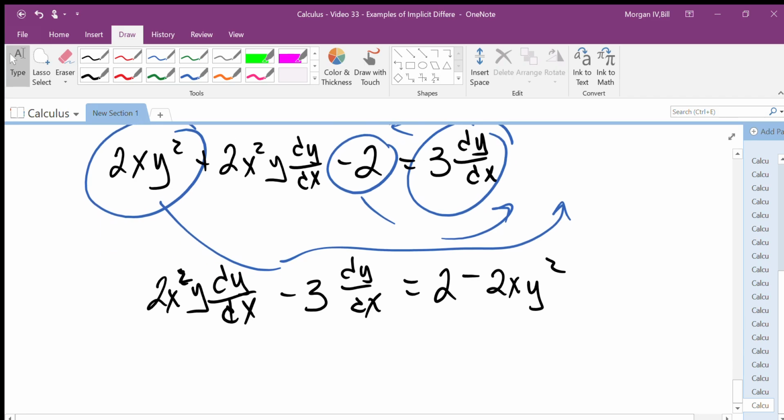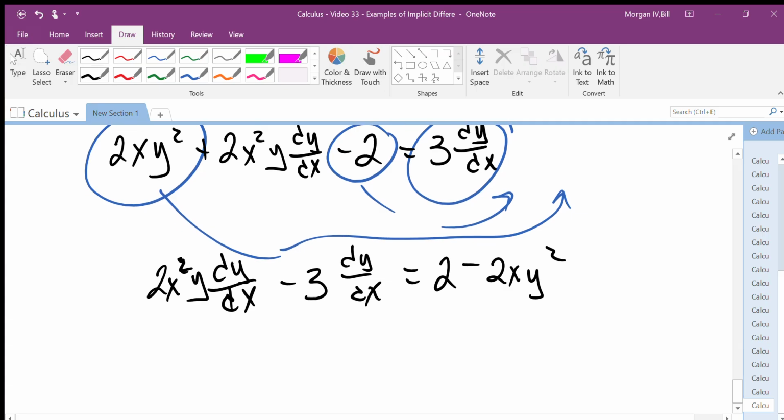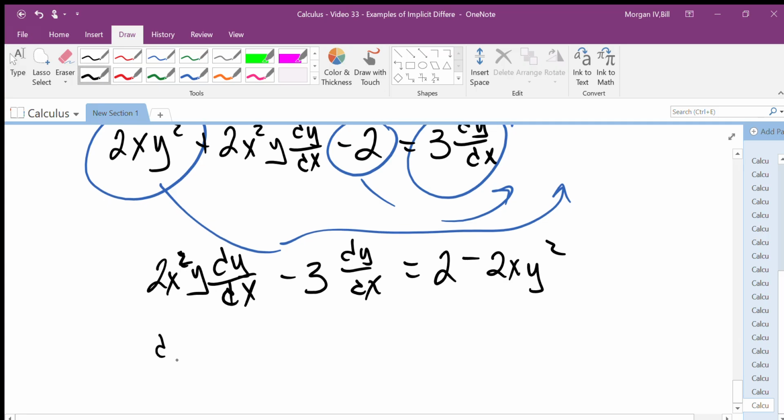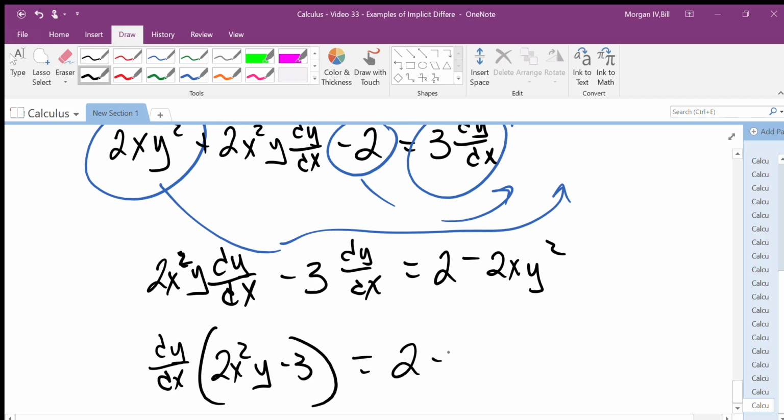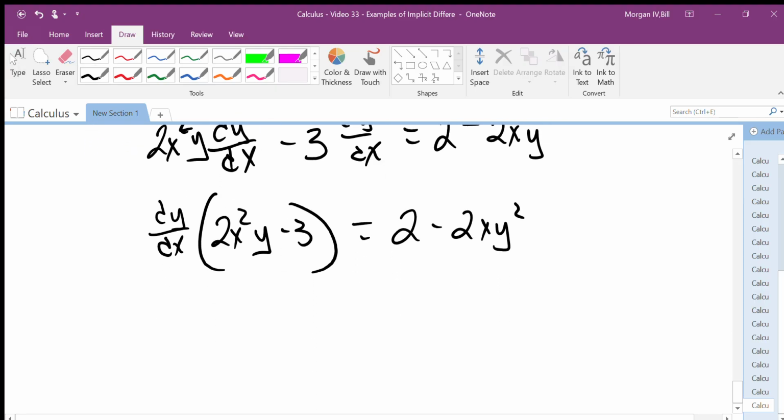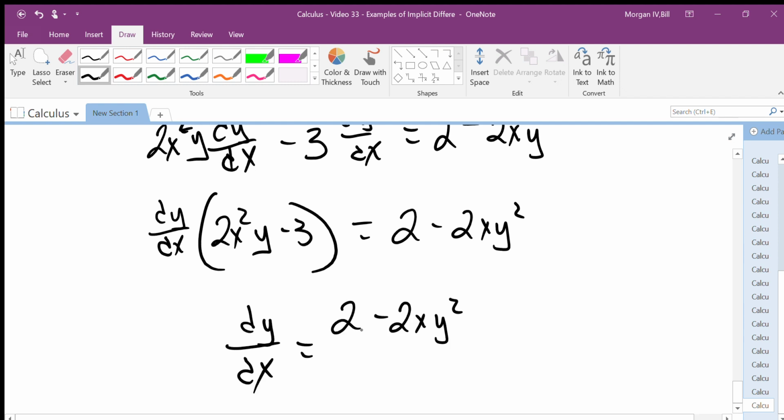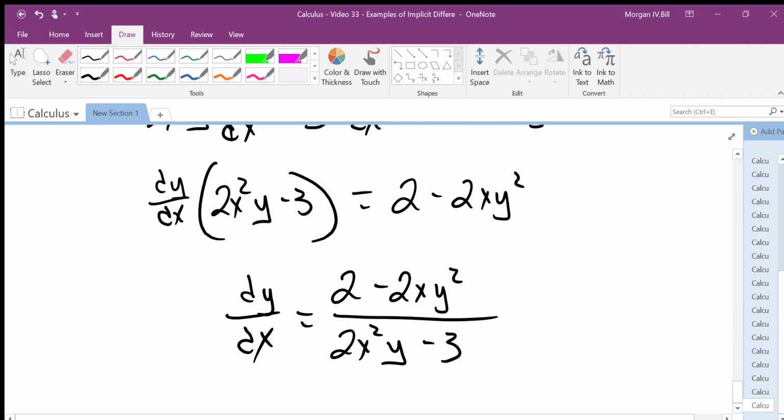Okay, now on the left-hand side, now that I have all the dy dx's over here, I can factor out a dy dx from all the terms. That leaves me with 2x squared y minus 3 is equal to 2 minus 2xy squared. And then finally dividing, dy dx is equal to 2 minus 2xy squared divided by 2x squared y minus 3.